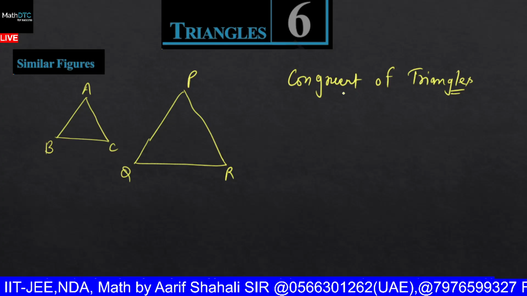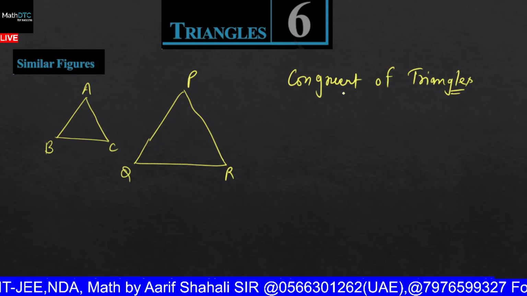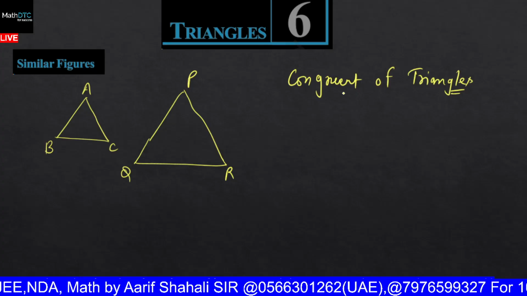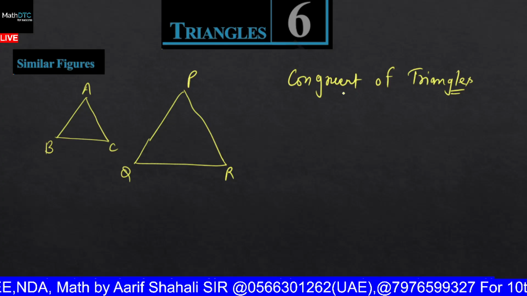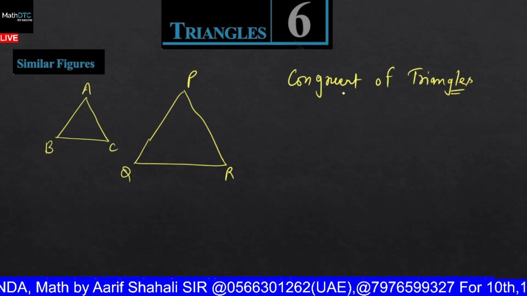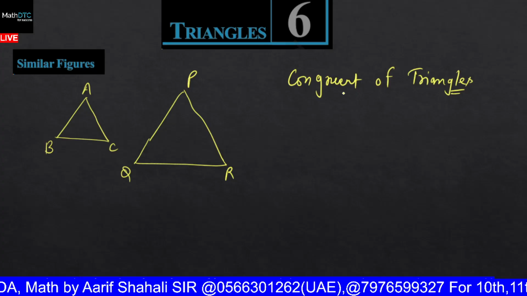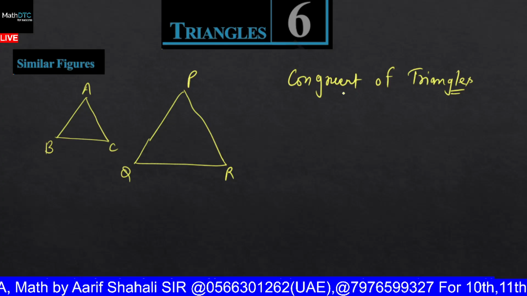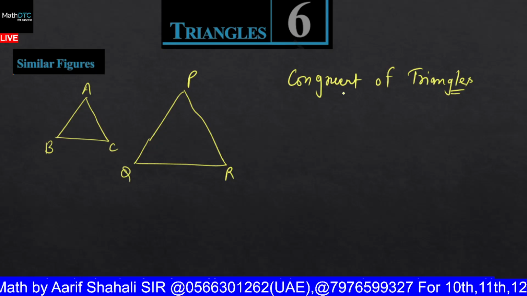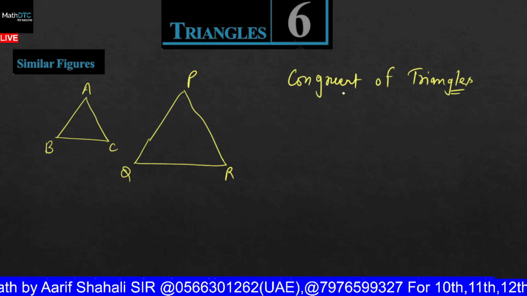Do you understand? That's why they cover each other perfectly. This is the example of congruent: the two hands are congruent to each other because they have the same size and shape.